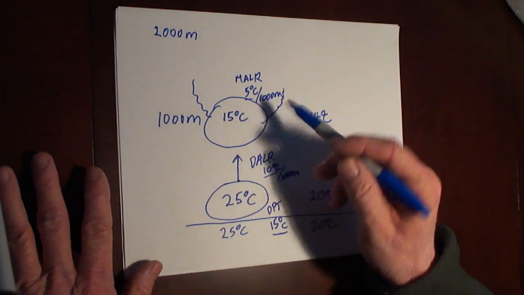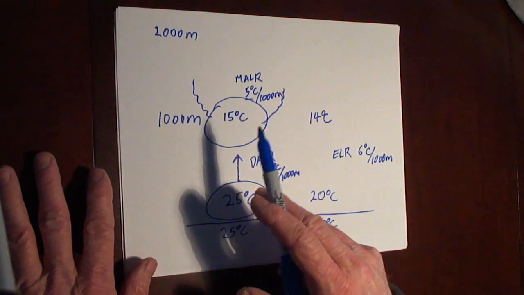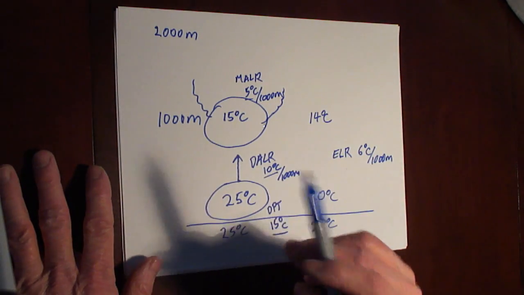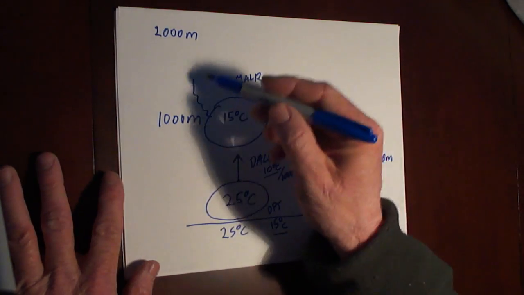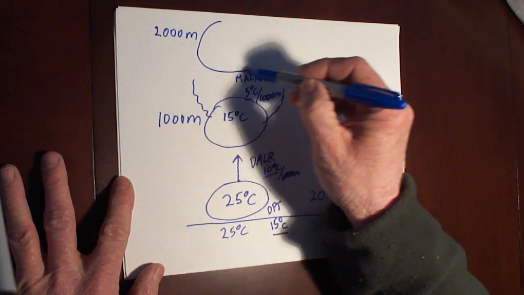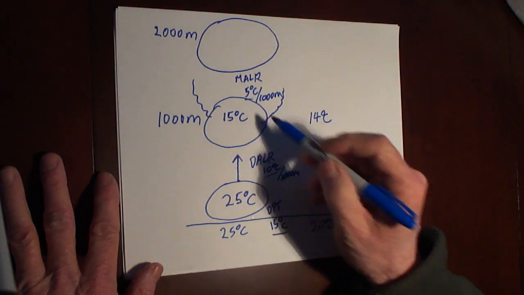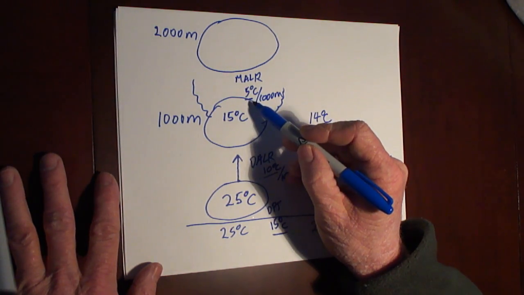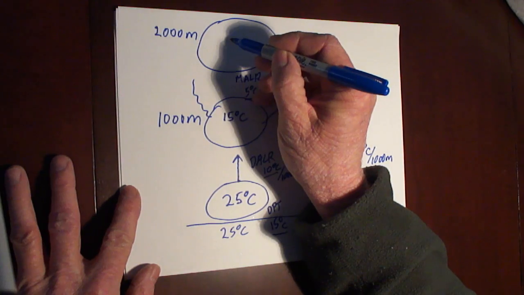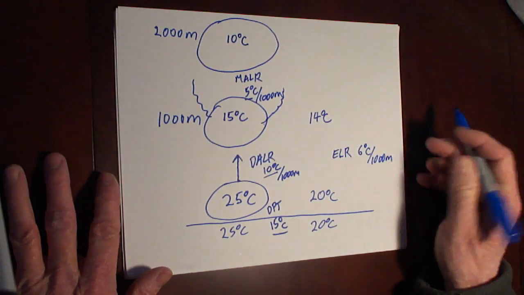But we're going to see that that also creates an impetus for the bubble to continue to rise. Let's see what happens. So as it gets to 2,000 meters now, it's going to be even bigger, and it will have cooled by only 5 degrees Celsius. So it's going to be 10 degrees Celsius.